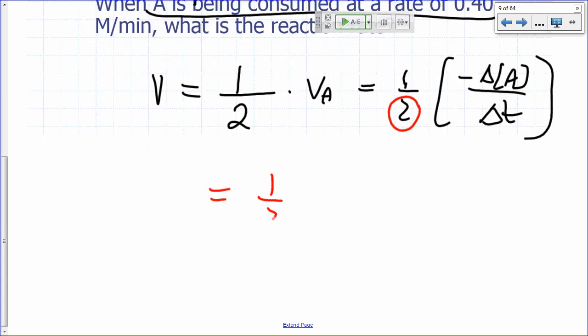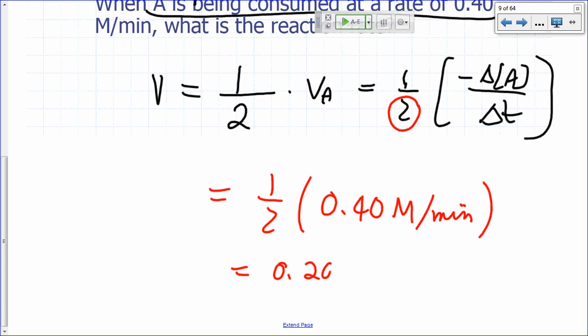So that's equal to 1/2 of 0.40 moles per liter per minute, so we say the rate of the reaction is 0.20 moles per liter per minute.